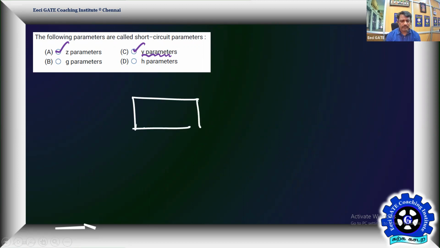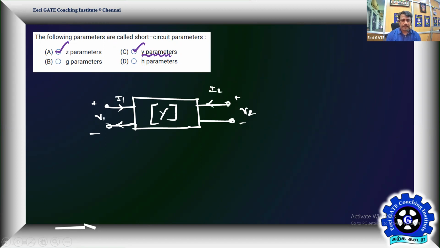So I have the Y parameter box, that's the Y matrix. Input port V1, I1. Output port V2, I2. What's the equation governing the input port? It's a KCL. For the output port, also the KCL.